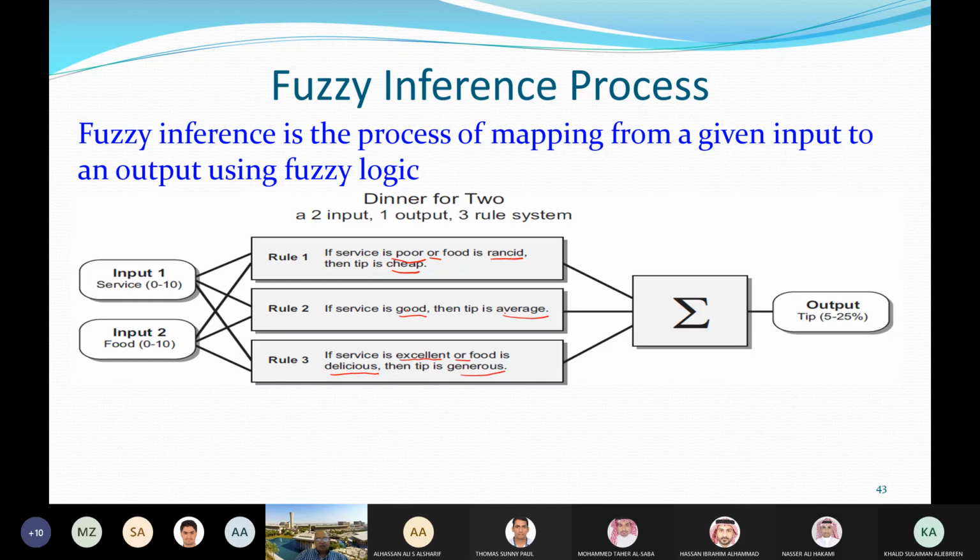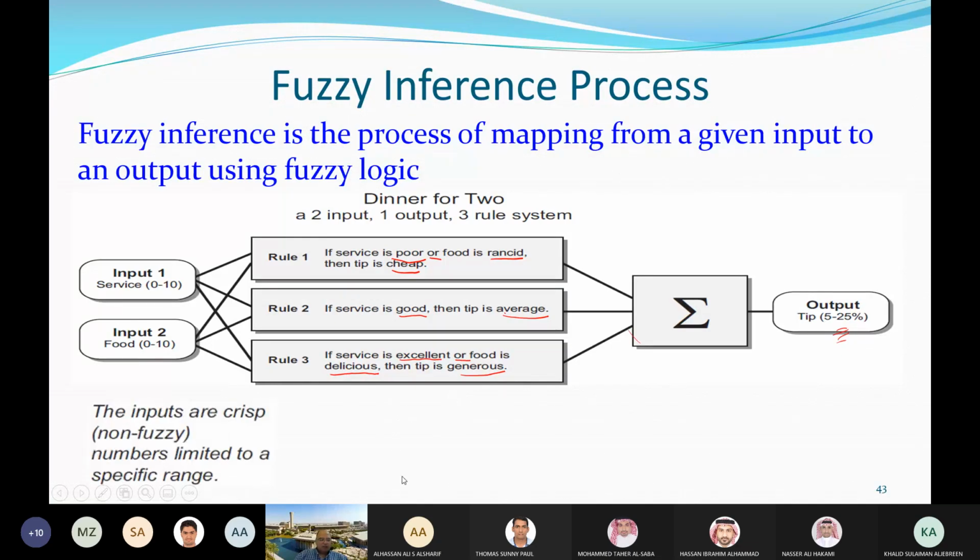You calculate the antecedent and the consequent, and then you sum them up, and then you end up with the exact tip that you will get.